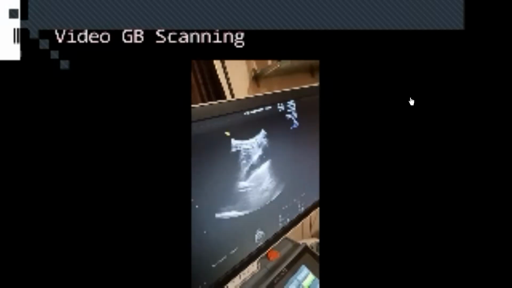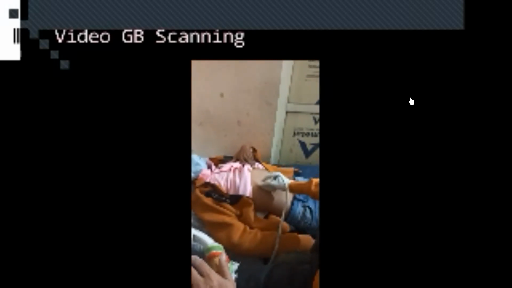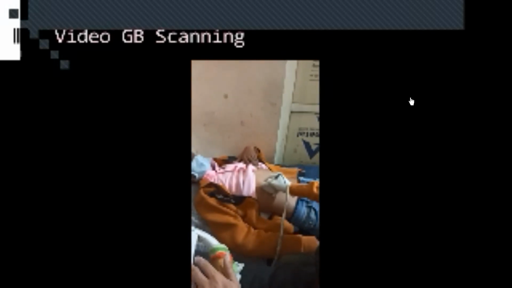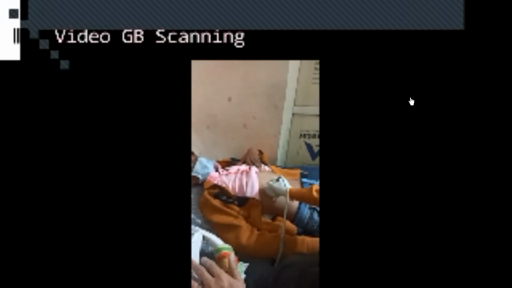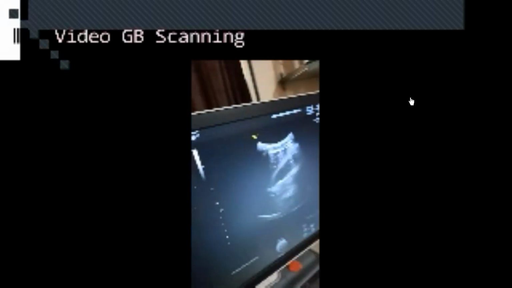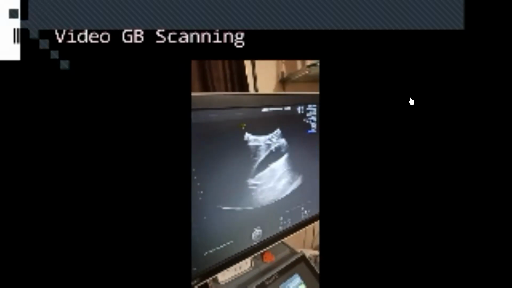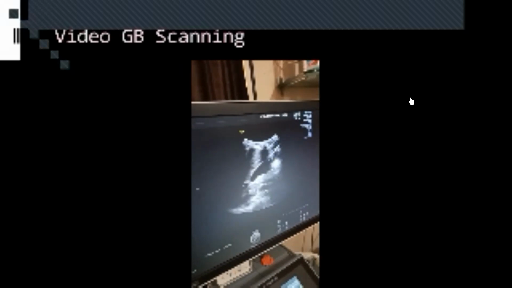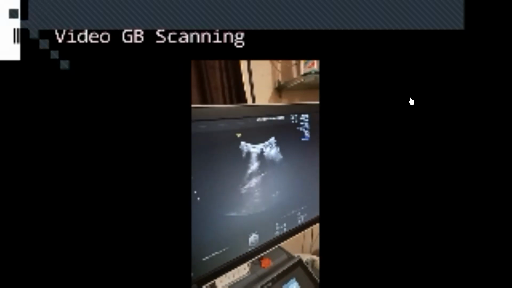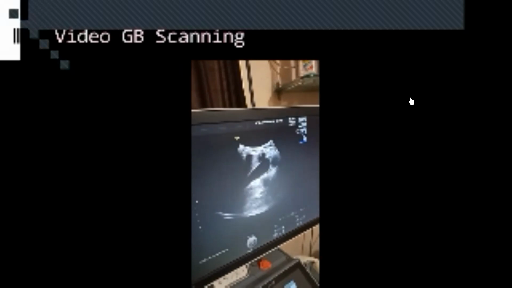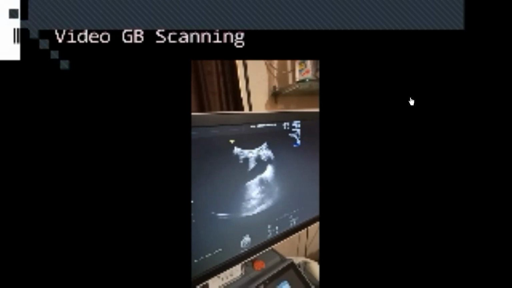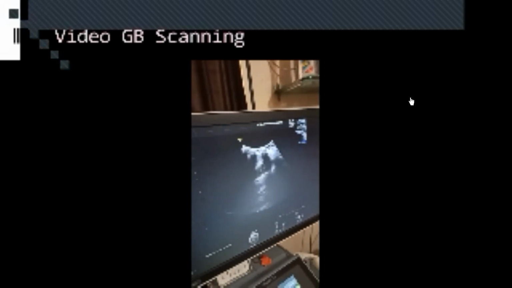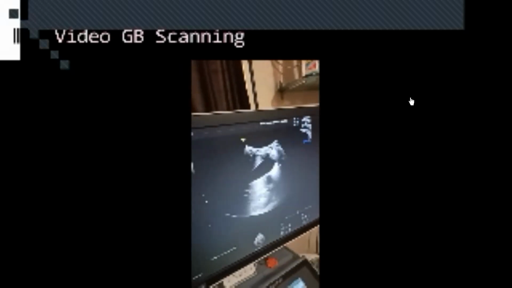We have to make the movement like this, scanning and fanning the whole of the gallbladder up to the fundus and beyond it. So we have to see any abnormality like thickening of the gallbladder wall or any echogenic foci in the gallbladder lumen like this.